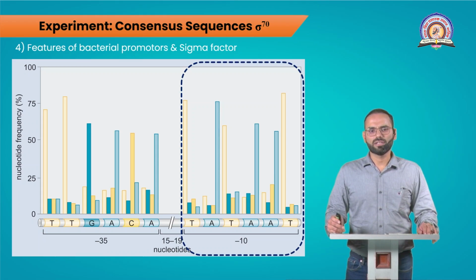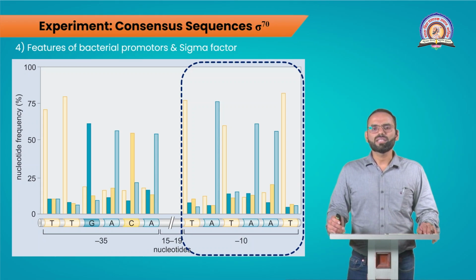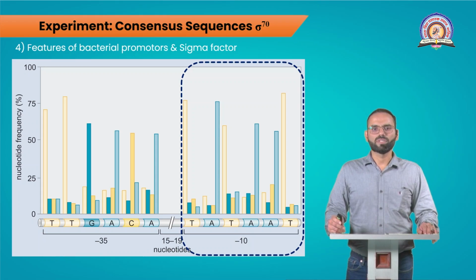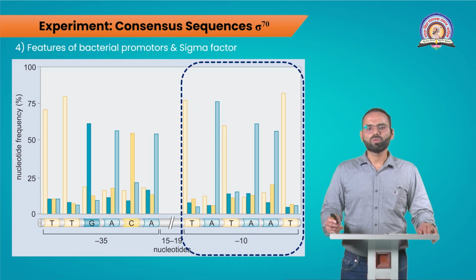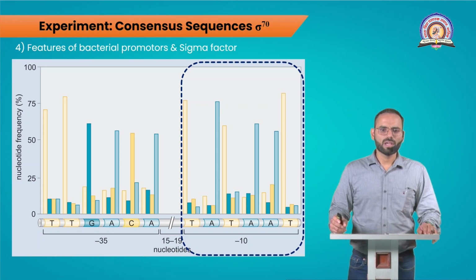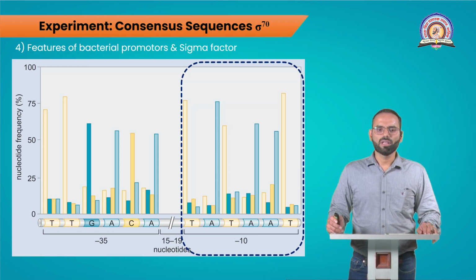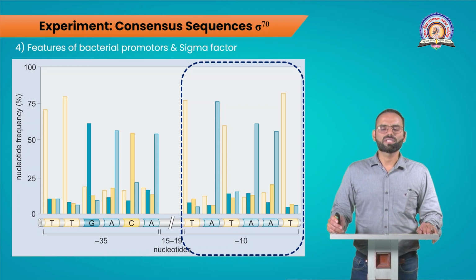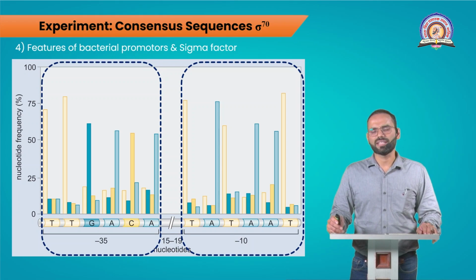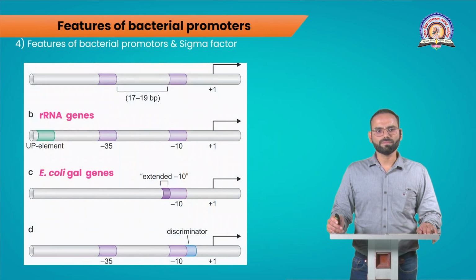As we can see here, TATAAT is the predominant sequence present at the -10 region of sigma 70 promoters. Followed by that, there are 15 to 19 nucleotides of spacer sequence which are non-specific, but the length is quite specific. And upstream of this is the -35 element, which has a consensus sequence of TTGACA. So these are typical features of a wide range of bacterial promoters.